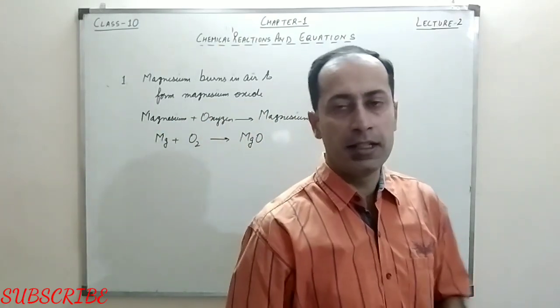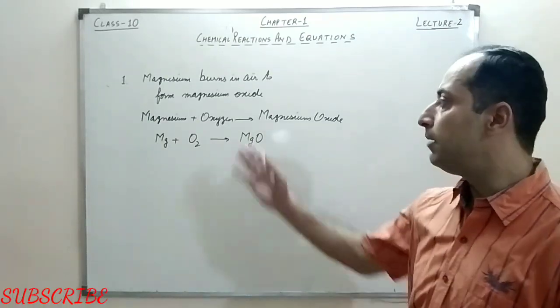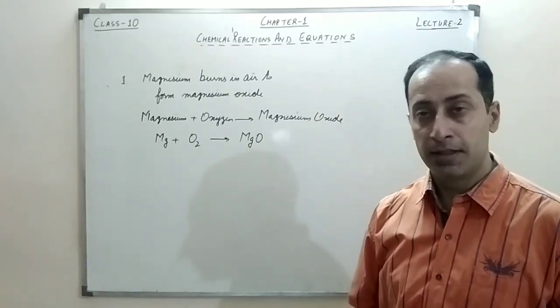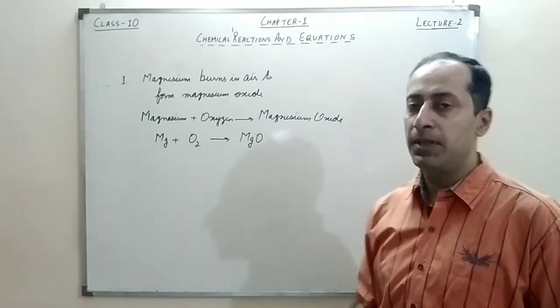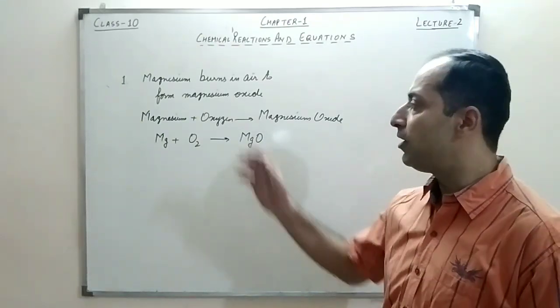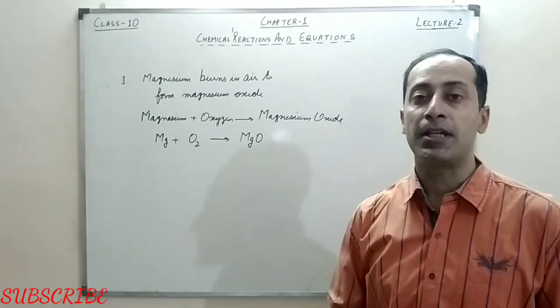Now if you see, this is much smaller than the previous one, right? If you compare a word equation and a chemical equation, there is a lot of difference. So a chemical equation basically helps you to shorten whatever you are writing about a chemical reaction, right?